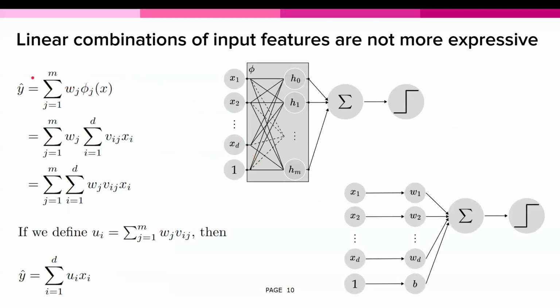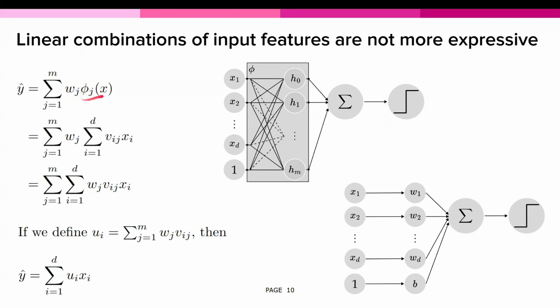And so if that's the case, then our linear predictor, just before we apply the sign function, is going to be a linear combination of that new set of features phi sub j, a weighted combination with weights wj.